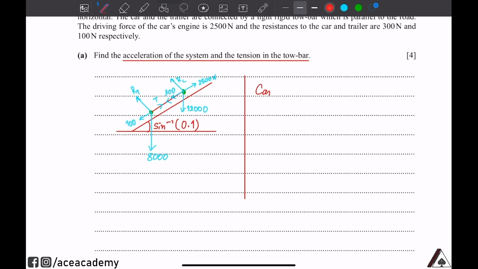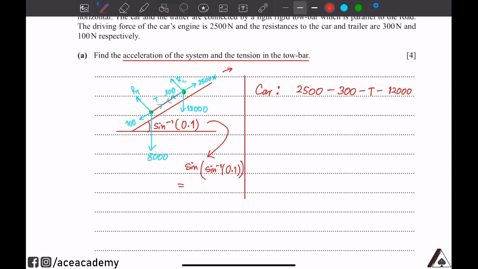Let's start with the car first. For the car, we have in this direction 2500 newtons minus 300 newtons from the resistance, minus tension, and minus the weight component, which is 12,000 sine of sine inverse of 0.1.